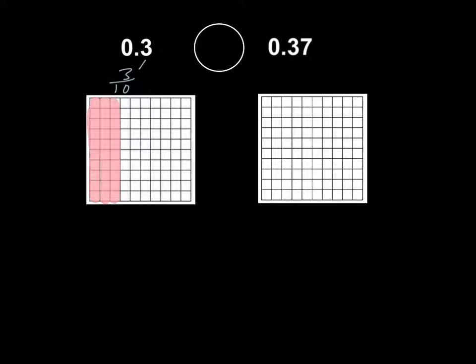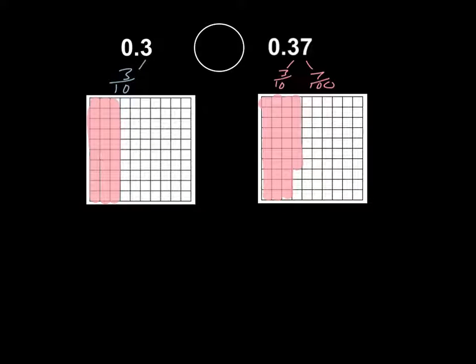Now this one over here is 3/10 and 7 hundredths. So to color this in, I'm again going to color the 3 whole bars to represent the 3/10, and then 7 additional boxes to represent those 7 hundredths.